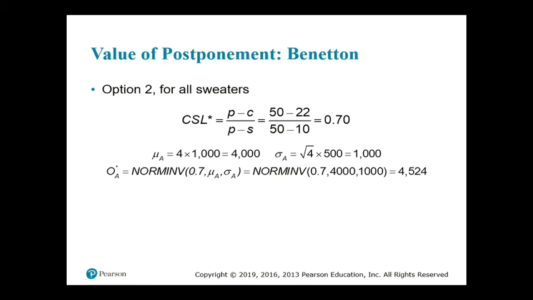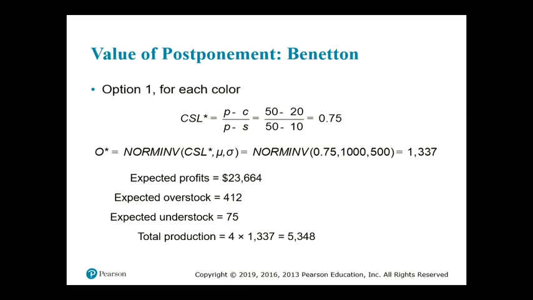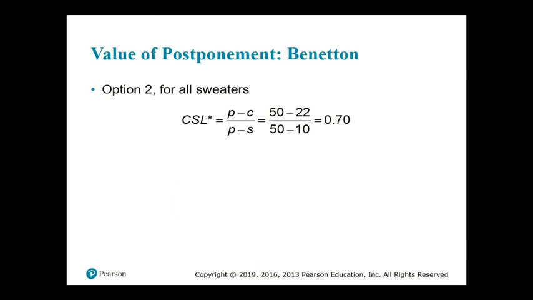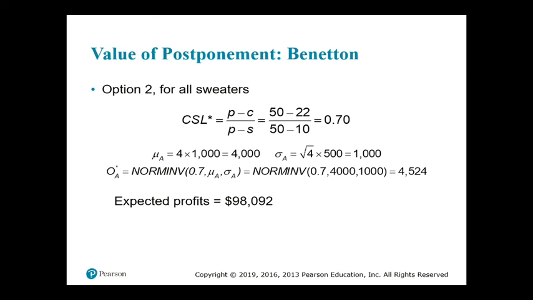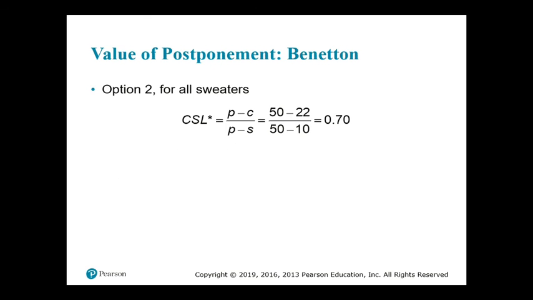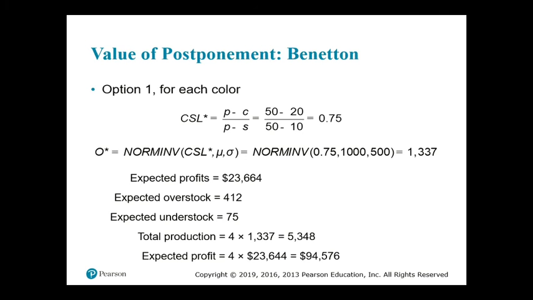So you can see that the optimal order quantity is 4524, which is less than the total production from before. And expected profit is higher than the total expected profit from early differentiation.